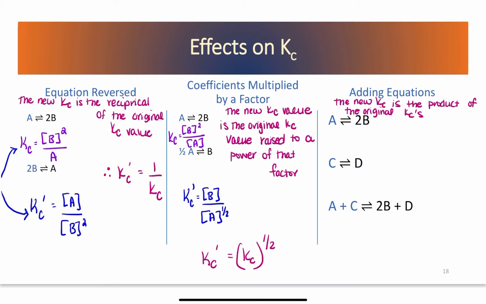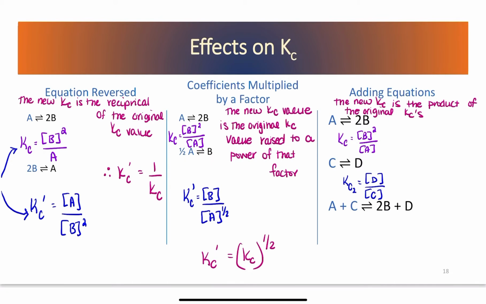So for the first one, A in equilibrium with 2B, we know that this Kc expression is B squared over A. That is concentration of B squared over concentration of A. And we've got C in equilibrium with D. We'll call this Kc2. This is equal to the concentration of D over the concentration of C.